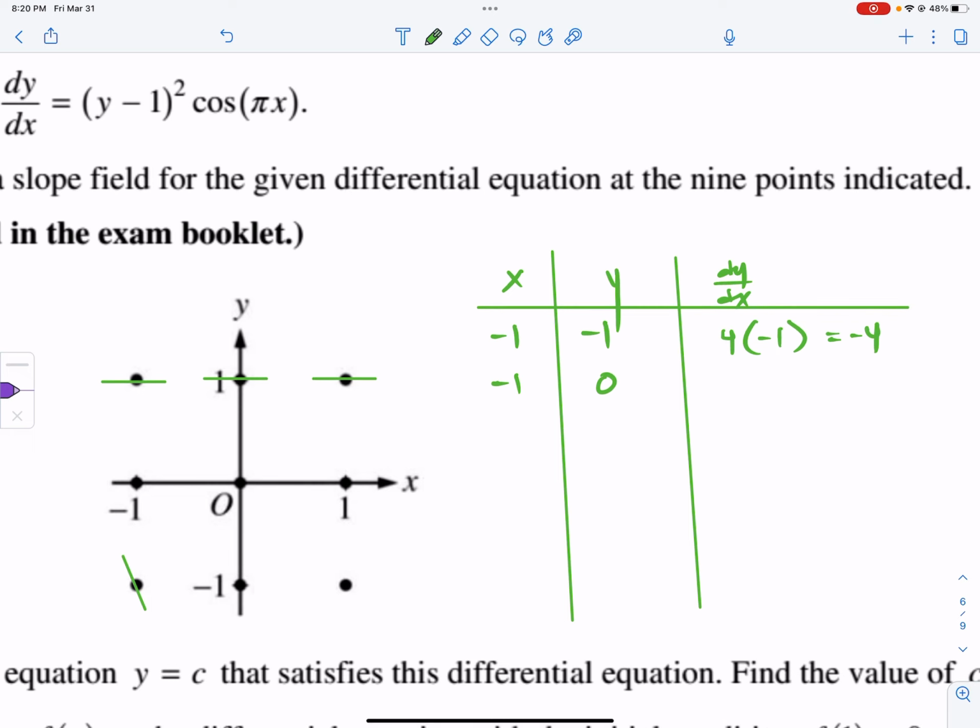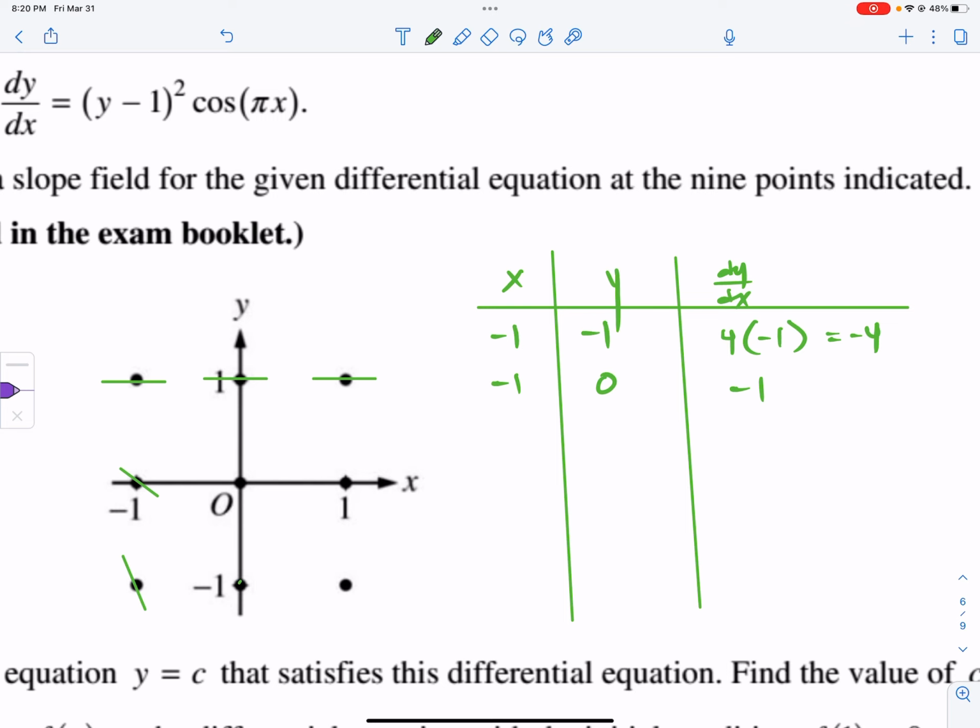Plugging 0 in for y, so that would actually end up being 1 times -1, which is -1. So I'm aiming towards the point 0, -1 in order to graph that line segment.